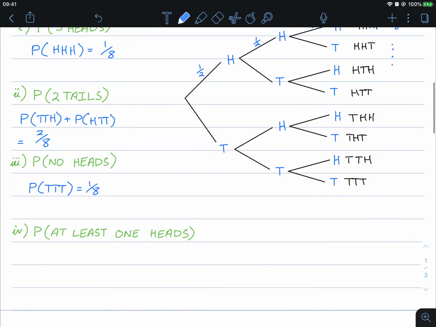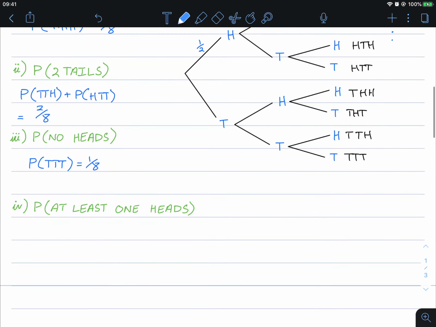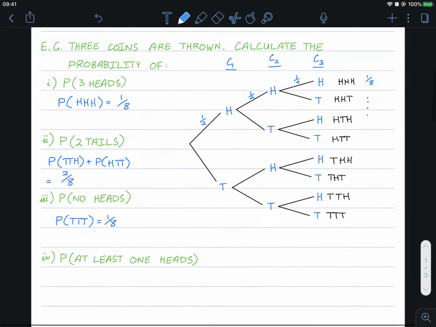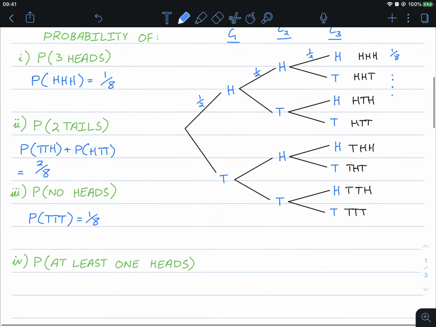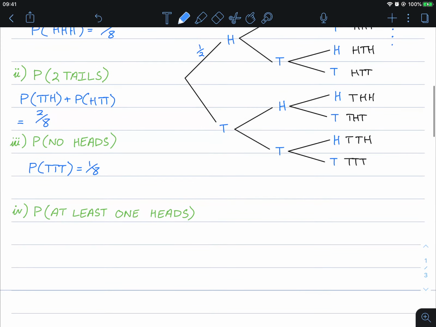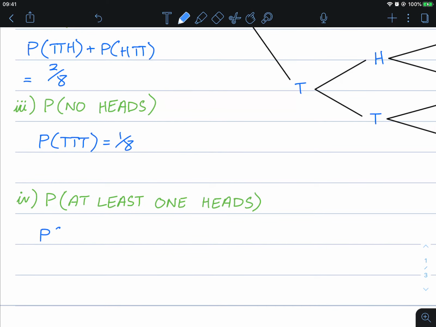Probability of at least 1 heads. This one often confuses students quite frequently. They often mistake this as exactly 1 heads. But remember, at least 1 heads means you could have 1 heads or 2 heads, 2H, or 3 heads.